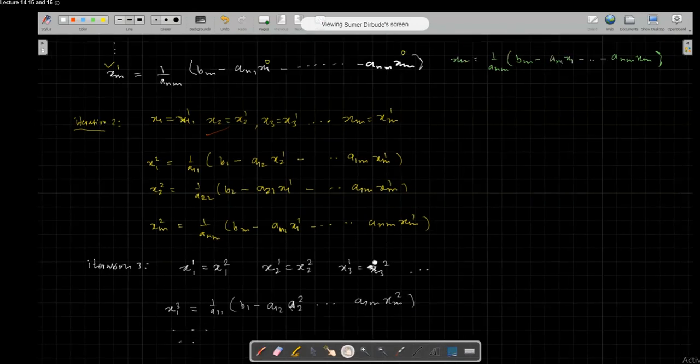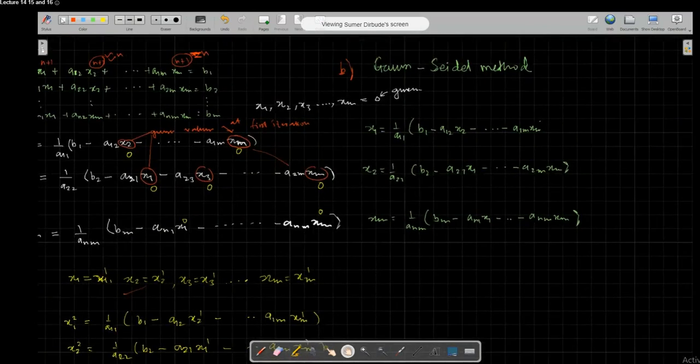Now here what we are doing, here we are saying x1, x2, x3, xn are 0, same. So we substitute 0 here, we obtain x1. Okay. Now here this value is 0, but in the next equation, in the terms with x2, x3, there will be some a23 x3, this x3 will be 0.